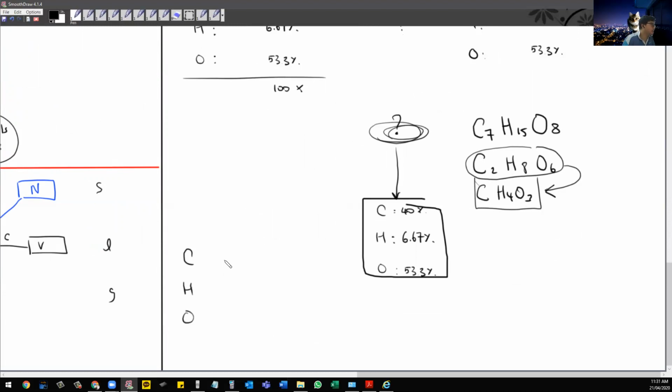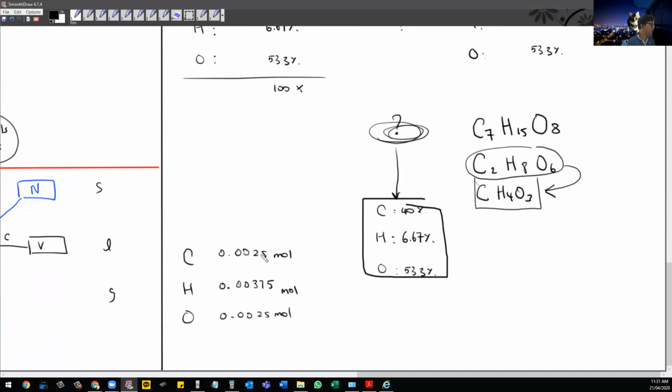Let's say you have 0.0025 mole, and then you have 0.00375 mole, and then you have 0.0025 mole. Then what's the empirical formula for this one?